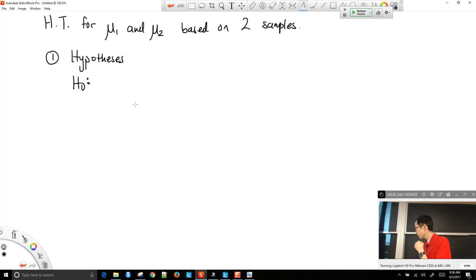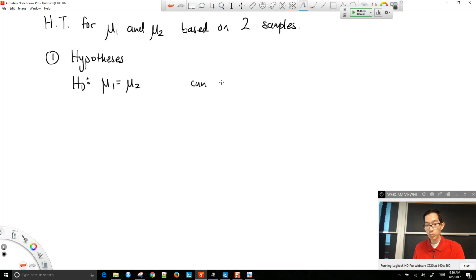So when we had 2 proportions, what was our null hypothesis? P1 is equal to P2, or P1 minus P2 is equal to 0, right? Now that we are dealing with means, instead of P's, we have mu. But the hypothesis is pretty much the same. Mu1 is equal to mu2.